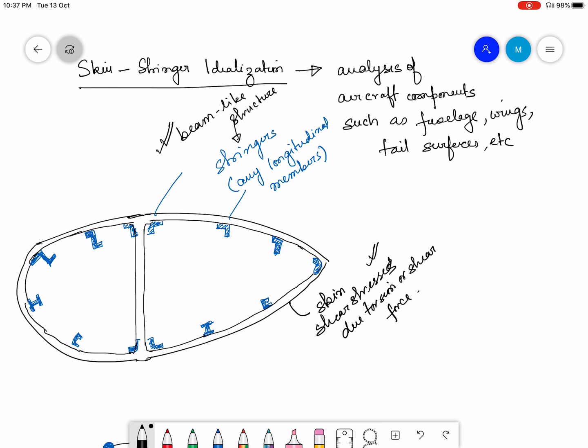So at the design level of a component of the aircraft, there are several iterations before you pinpoint a particular design, a particular configuration. I guess all of you will be able to appreciate that. Not only with aircraft components, with a machine, with a building, with a civil construction, there are lots of iterations at the design stage.